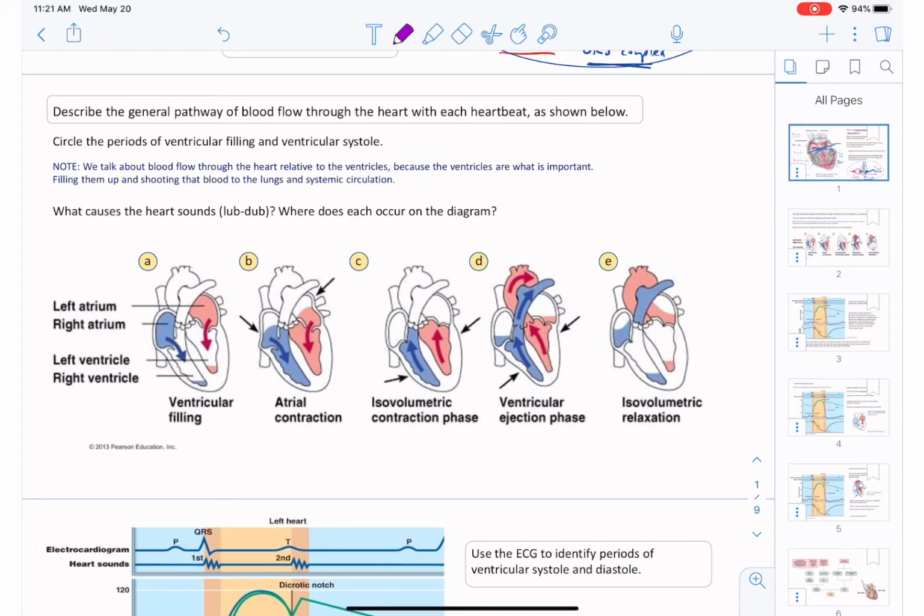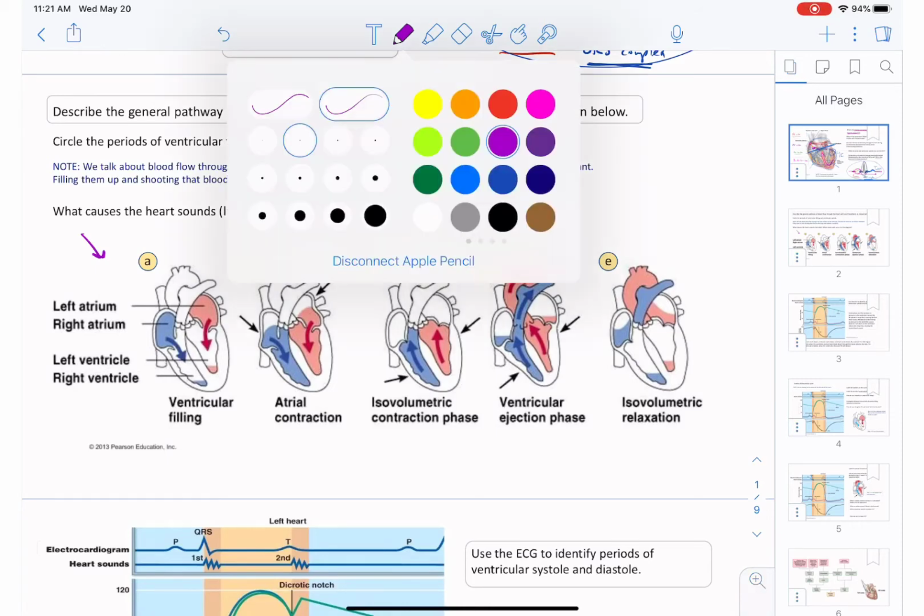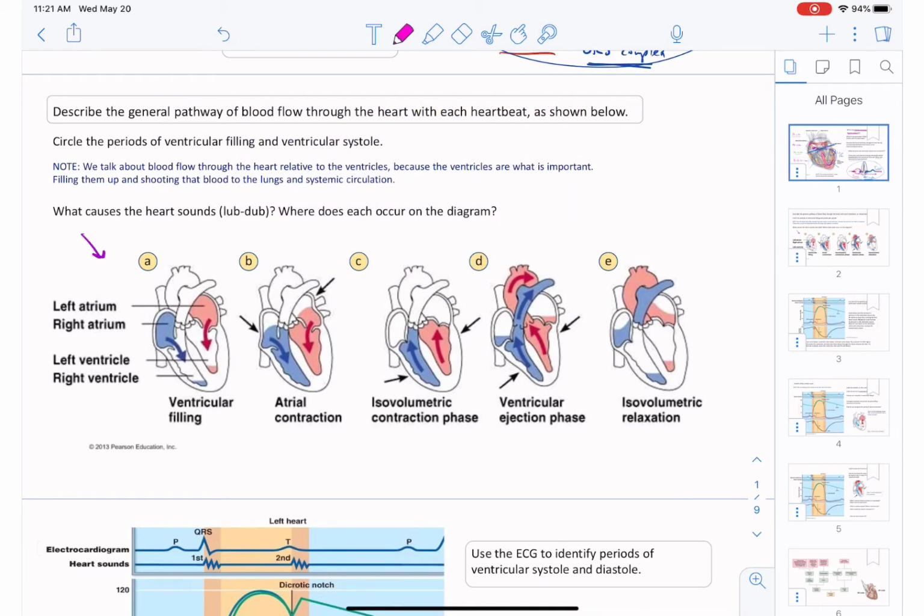Describe the general pathway of blood flow through the heart with each heartbeat, as shown below. So what this figure is representing here is blood flow through the heart during one heartbeat. And we'll start with figure A here. In figure A, what happens is that the atria are both filled up with blood.